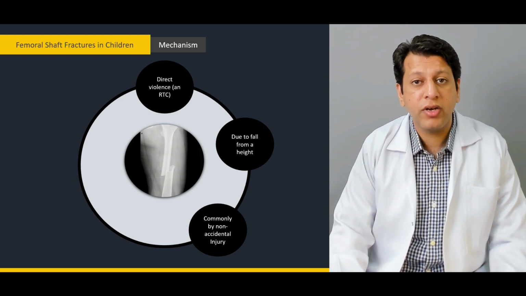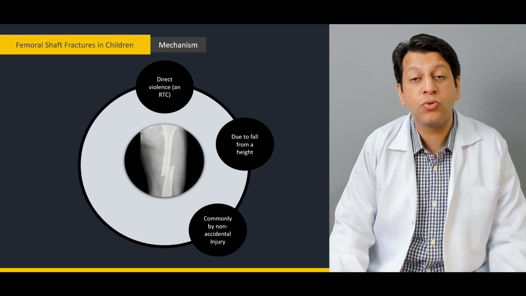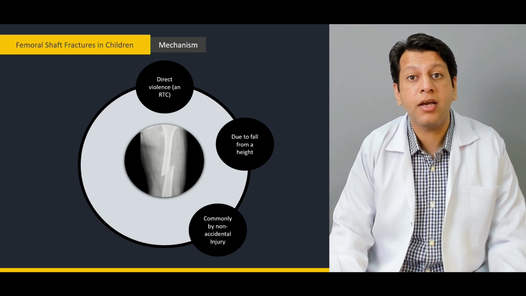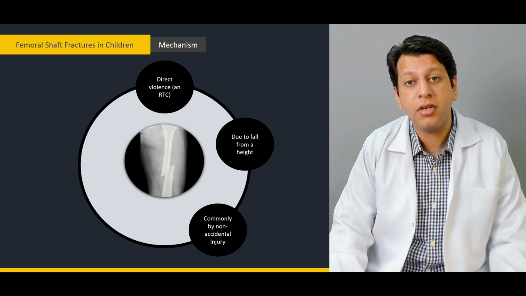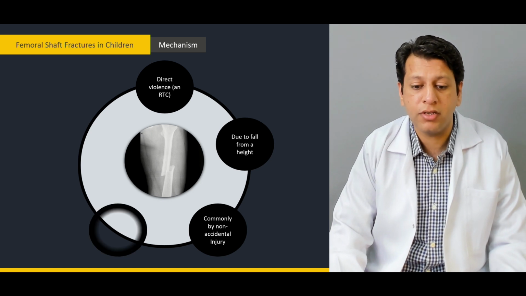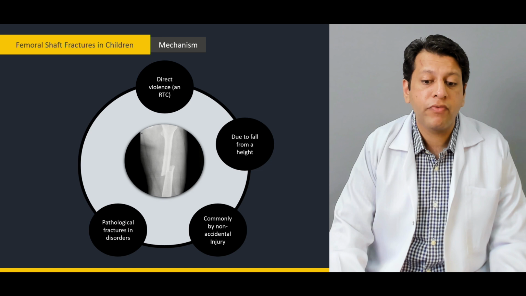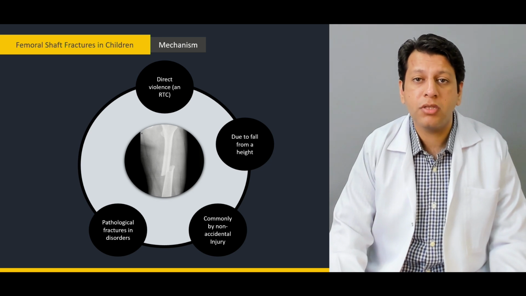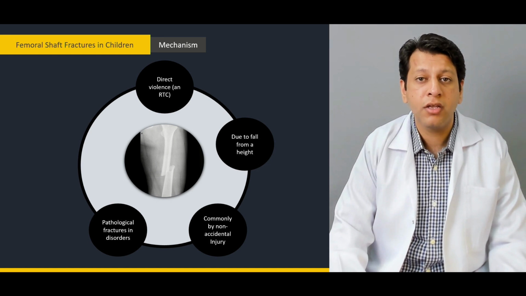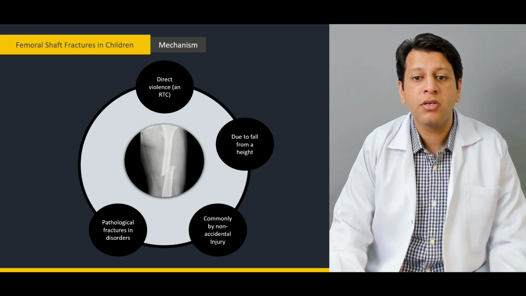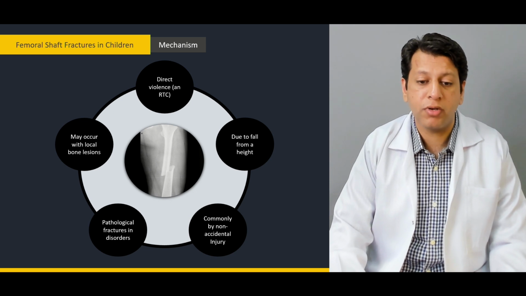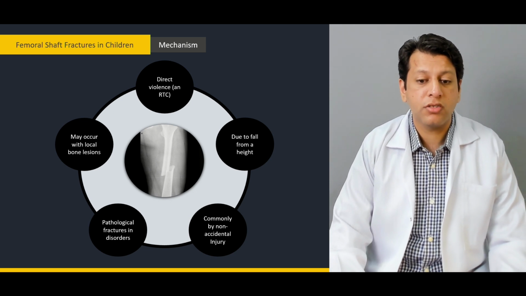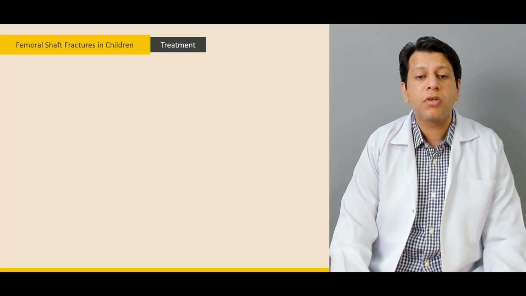Non-accidental injury includes child abuse and child battery, as well as problems at home which can lead to this kind of injury. The other cause is pathological fractures and disorders, but pathological fractures in children are rare. They mostly occur if associated with tumors such as osteosarcoma or Ewing sarcoma, or with local bone lesions. Now, coming to the treatment.